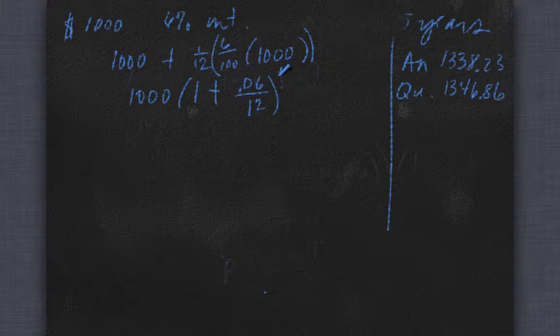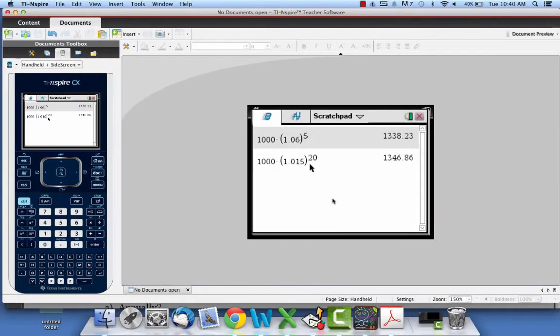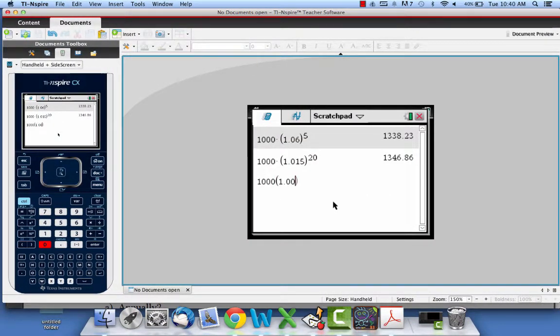And this time it's going to be to the 12t, because now I'm going to multiply 12 times per year. So I have the power of 12 times the number of years. So for this, I would get 1,000. So that didn't make too much of a difference there, just a couple dollars.